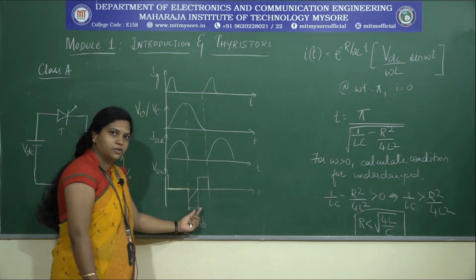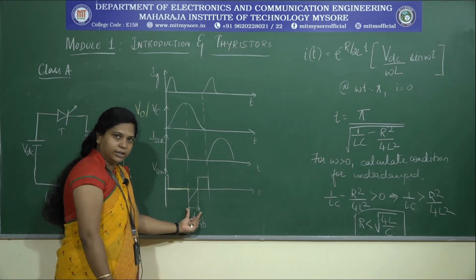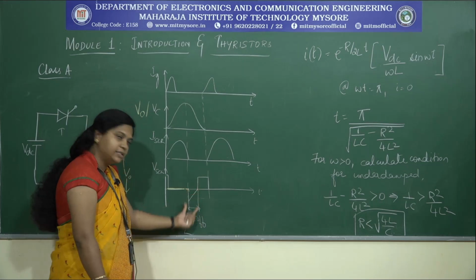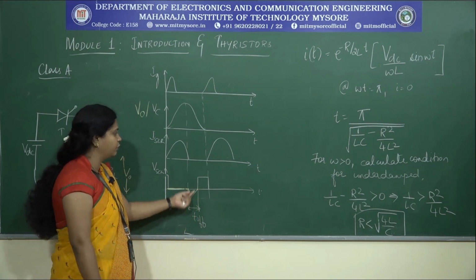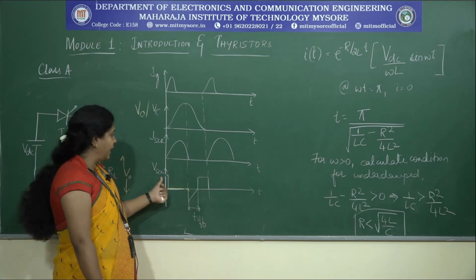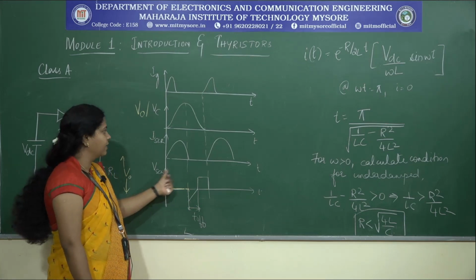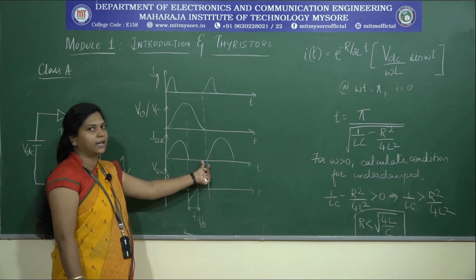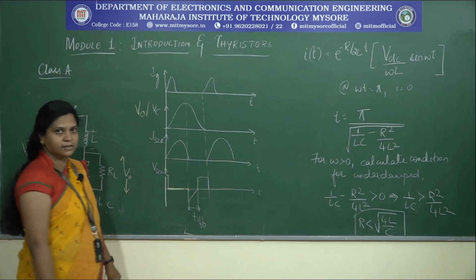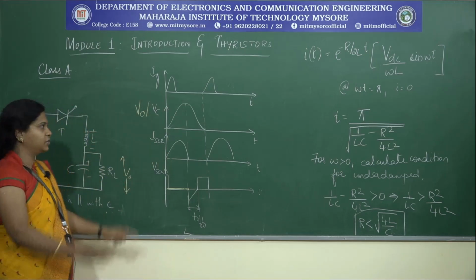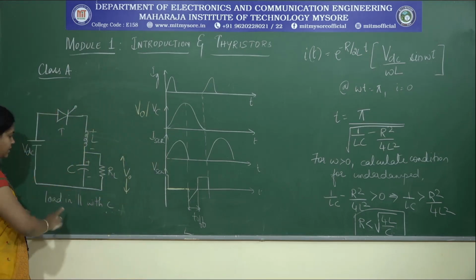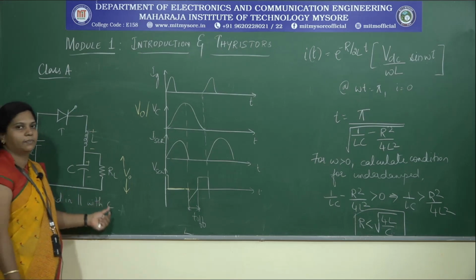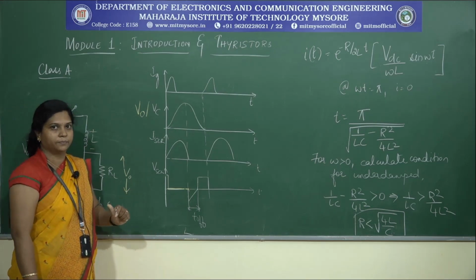Using that process of commutation, we turn it off. This duration of time is known as the turn off period. Then again there will be a high voltage across the SCR, whereas no current flows into the thyristor. This is the basic operation for class A commutation when the load is in parallel with the capacitor.